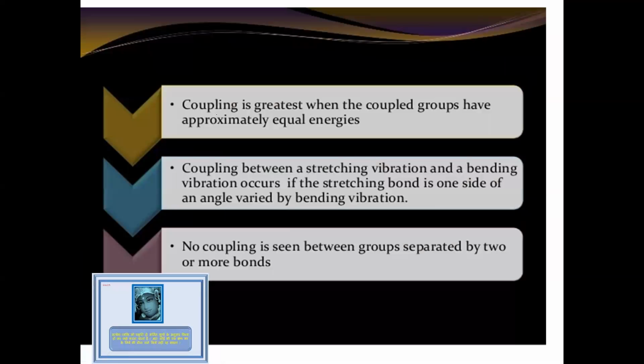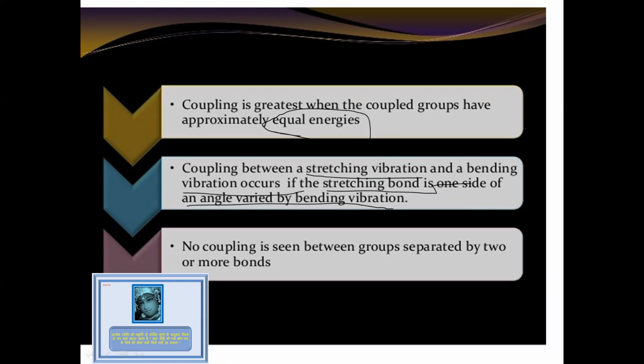Next, coupling is greatest when the coupled groups have approximately equal energies. Coupling between a stretching vibration and a bending vibration occurs if the stretching bond is one side of an angle varied by the bending vibration.